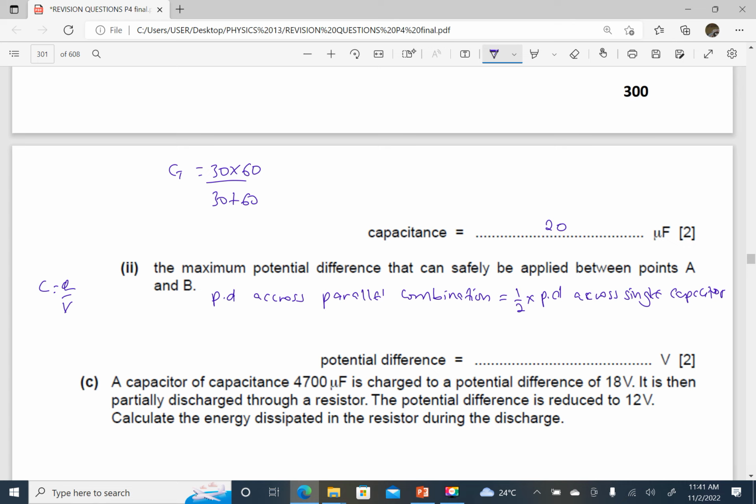So half V plus V should give us the total possible PD. Remember, the maximum is 6, so this will be a half times 6 plus 6, which is 3 plus 6, that would be 9.0 volts.